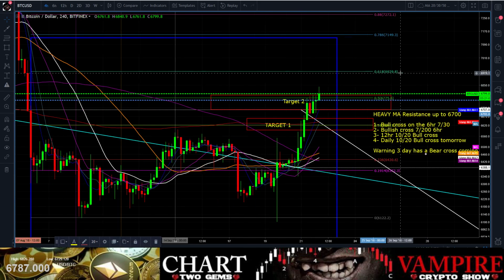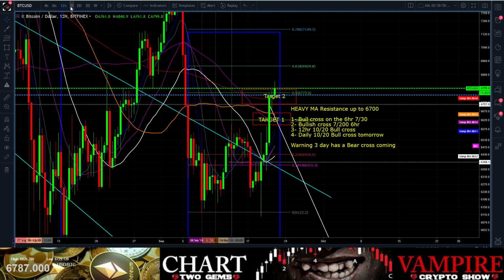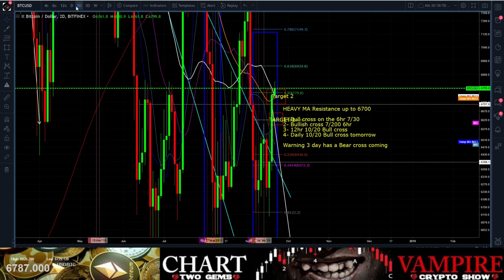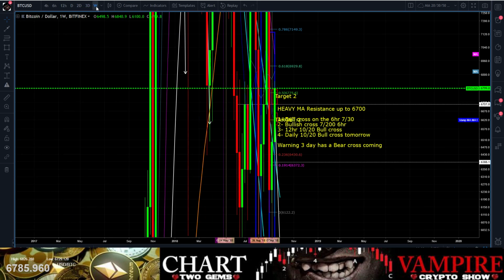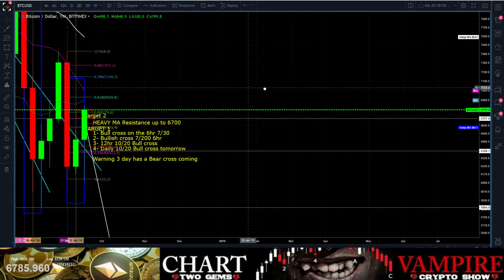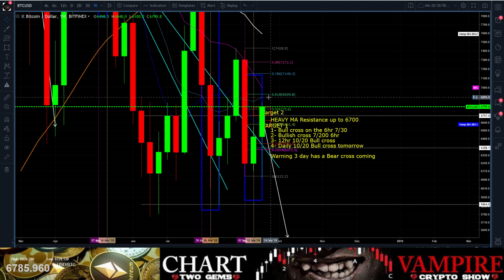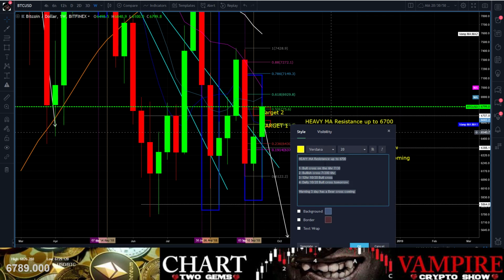Okay, and I just want to look one more time. I'm going to sweep through here looking for, so here our moving averages are stacked. We're just going to see if we've got any resistance above. Look at that, nothing. There are no moving averages above us until 6,900. 6,900 is your next moving average, the 10 MA on your weekly.